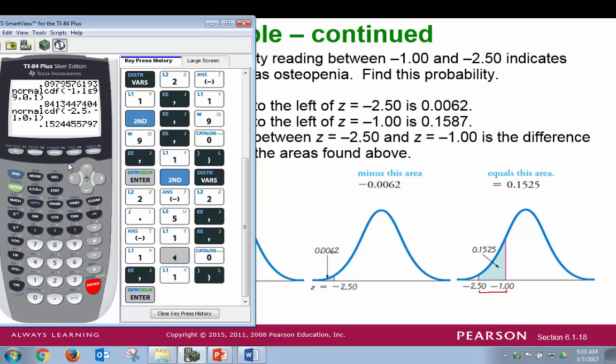Actually, the calculator gives a more accurate answer because here they estimated each of these values, and when they had to do a subtraction problem, their estimate gets less and less precise. So the calculator gives a more precise answer.